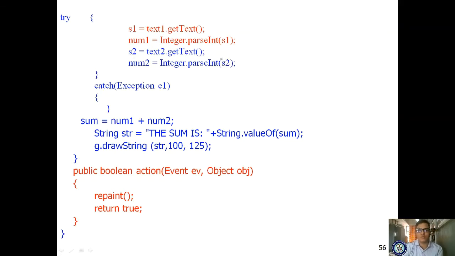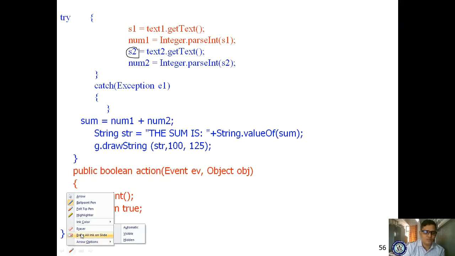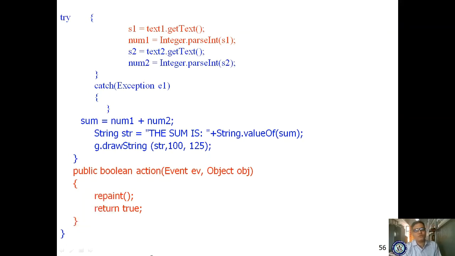In the second text field, the value entered will be stored in that string variable s2. Next you are forcefully converting this string into an integer, and you are storing the result in the num2 variable.